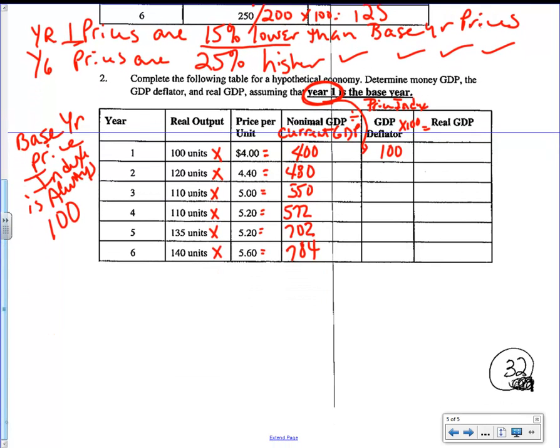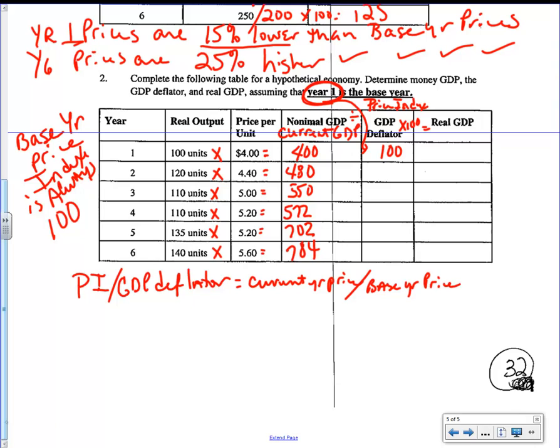Okay, we need to find the price index, also called the GDP deflator. So what we're doing is taking the current year price, dividing it by the base year price, and multiplying through by 100 because we need to get rid of that fraction. So year 2, we have a current year price of $4.40.